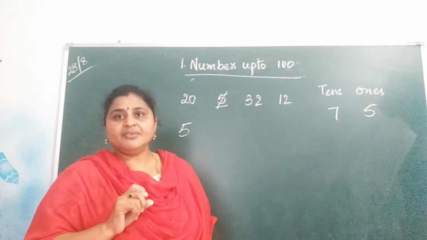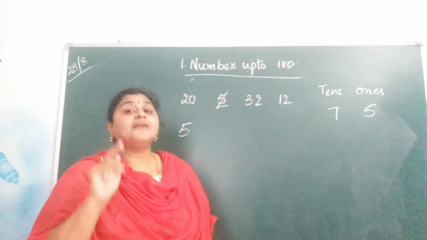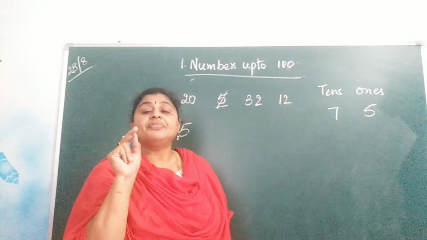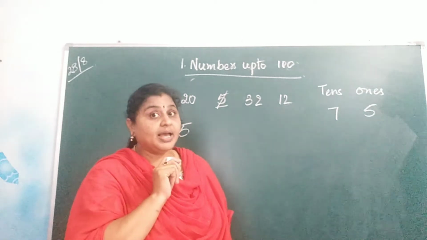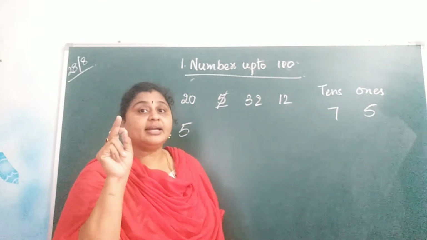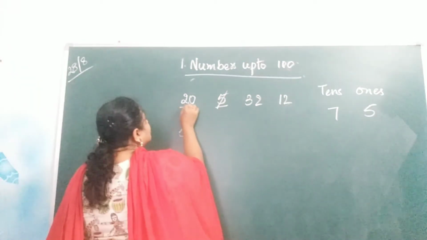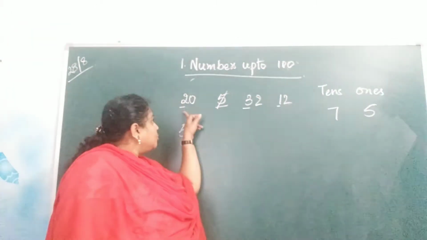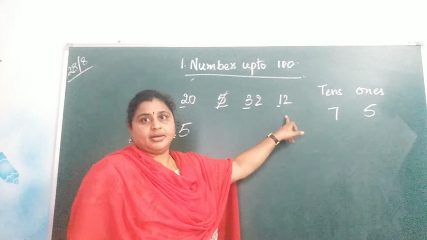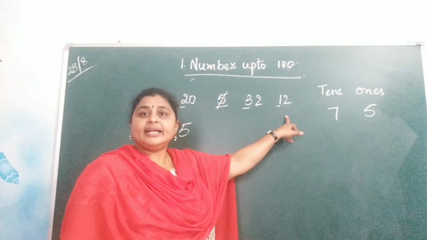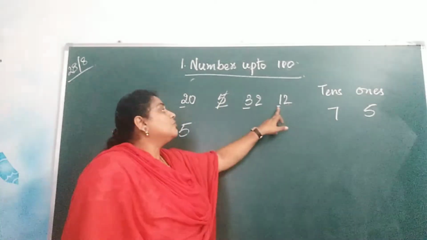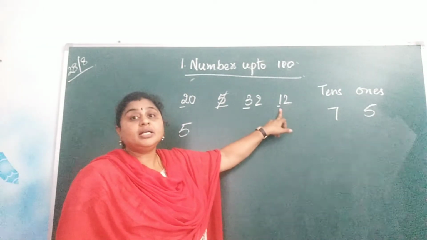2 digits we have. So I have said you, when you have such 2-digit numbers, first you compare the digit that is in tens place value. Now underline the digits that are in tens place value children. 2, 3, 1. Alright, so did you underline the digit that is in tens place value? Now tell me, from 2, 3, 1, which is the smaller one? 1.